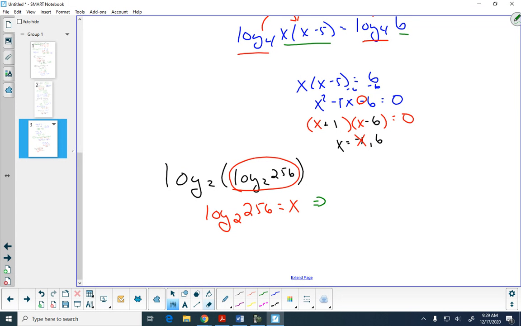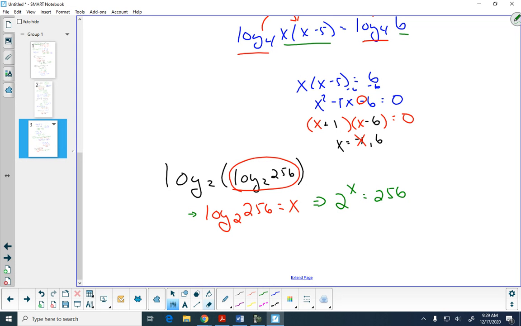We're taking it out of a logarithmic form and writing it into an exponential form. What's my base? What's my exponent? What's my value? Would it be 2 exponent x? So we have 2 to the x is equal to 256.